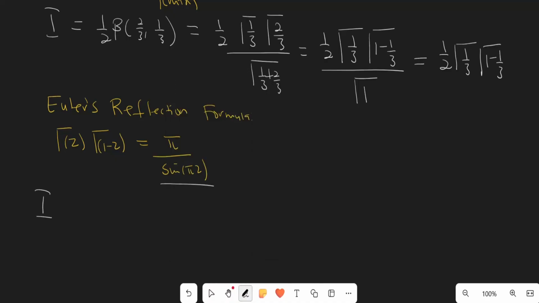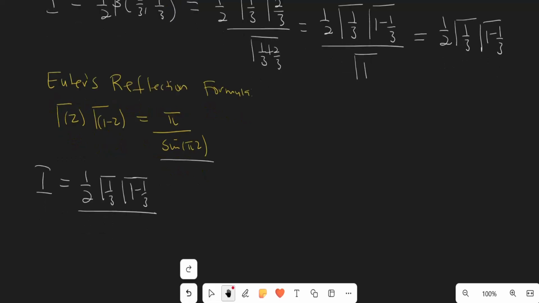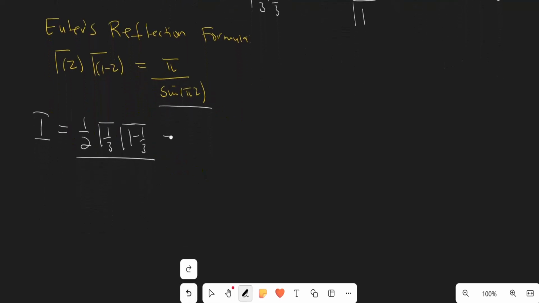So our integral I is going to be 1/2 the gamma of 1/3 and the gamma of 1 minus 1/3. Comparing this to what our integral has been reduced to, you can see that z is going to be 1 over 3, and that is going to be pi all over sine of pi times z.